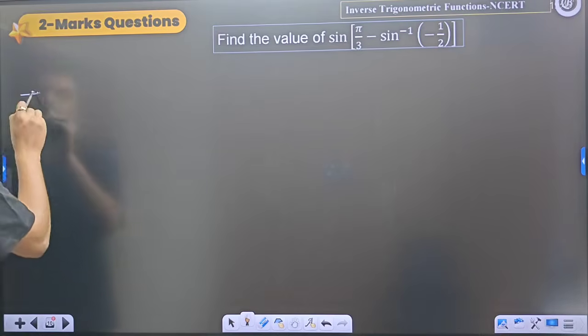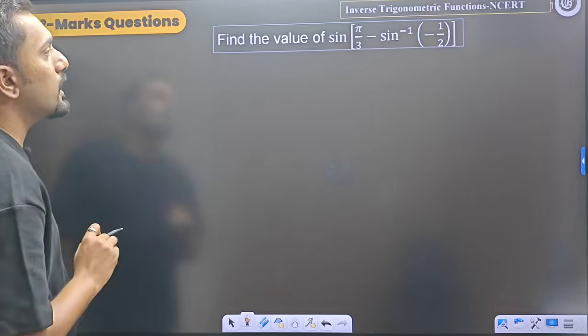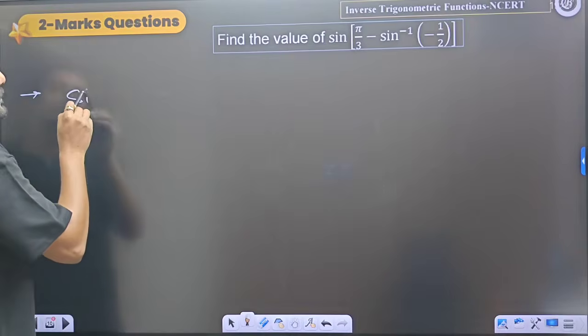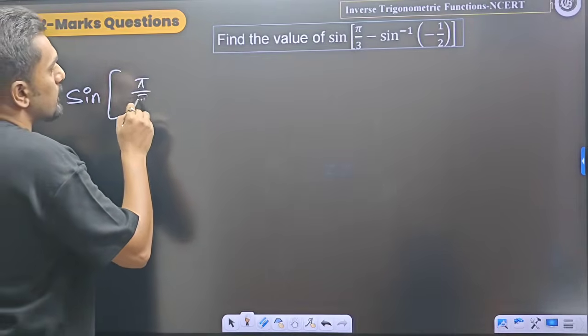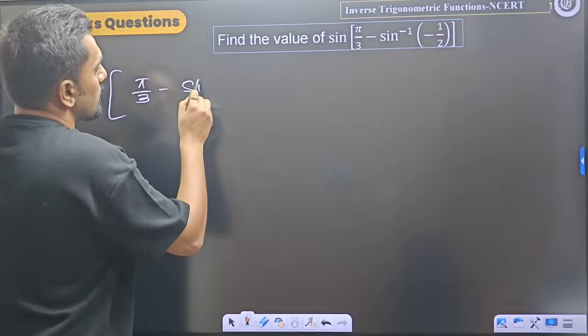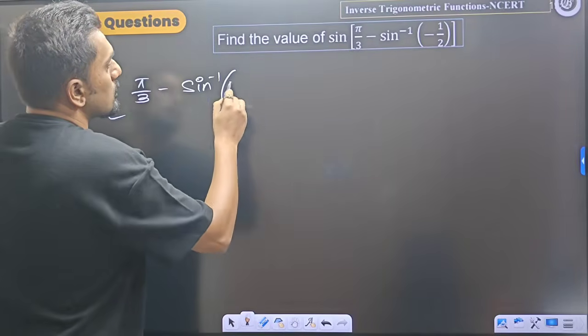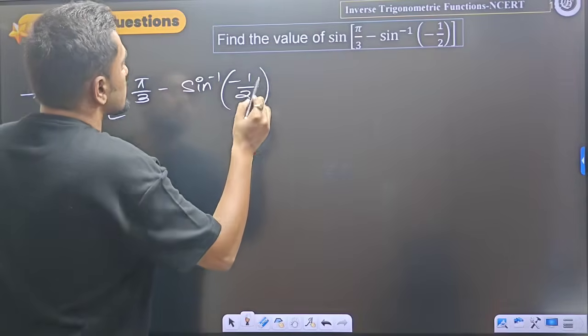2-mark question. One more 2-mark question. Find the value of sine of pi by 3 minus sine inverse of minus 1 by 2.